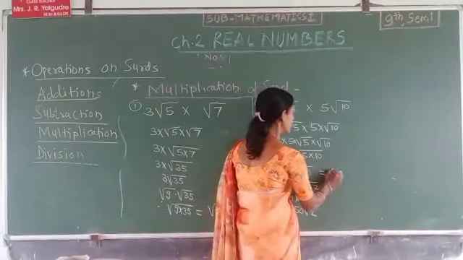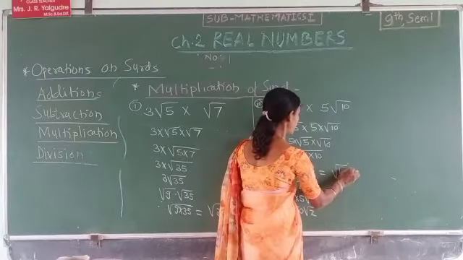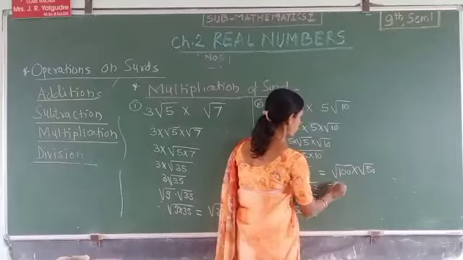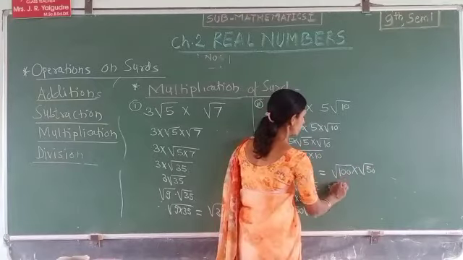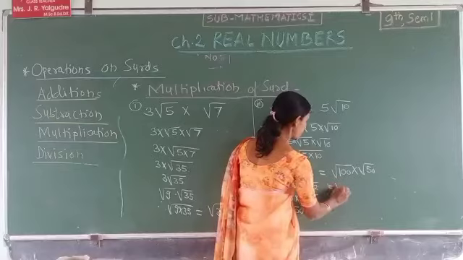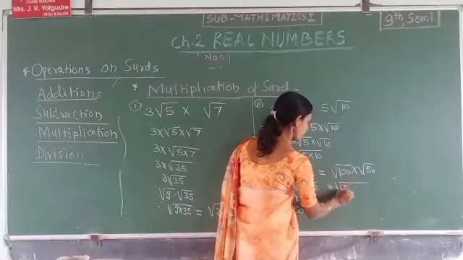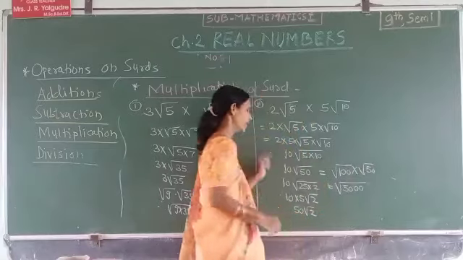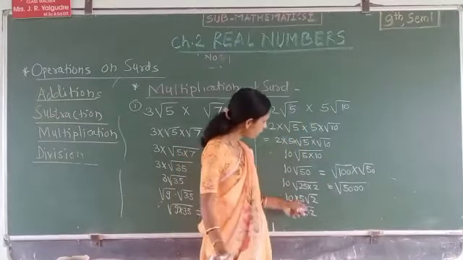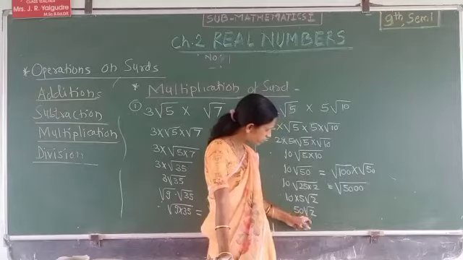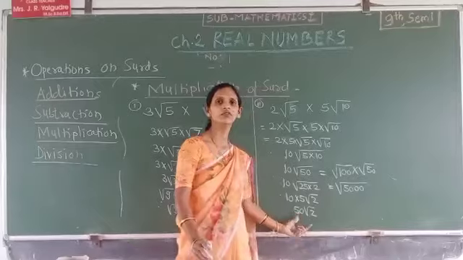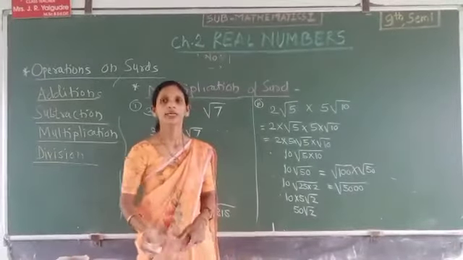Then 10 means root 100 into root 50. Therefore, see here, root 100 into 50, that is root 5000. Then we can write the answer of that surd in mixed form as well as in simplest form.